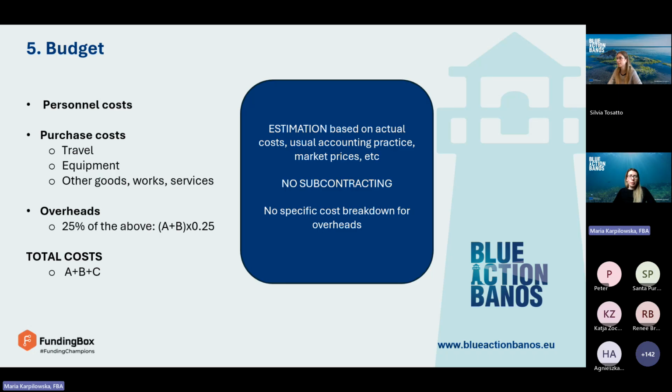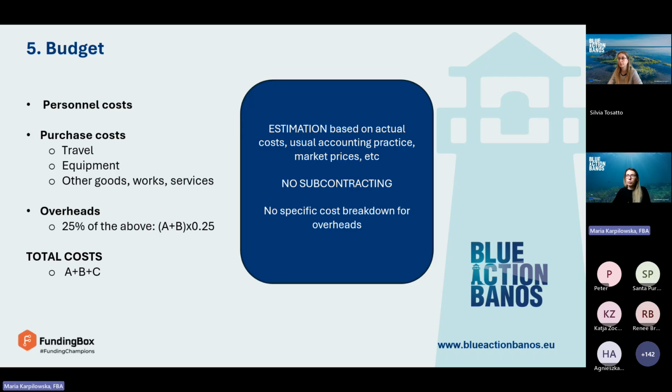So the budget is a cost estimate as close as possible to actual costs, but this is a cost estimate, right? Then at the very beginning of the support program, selected projects will work on a more detailed budget, okay? Trying to provide a more detailed cost breakdown.